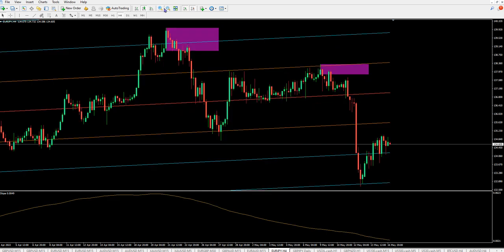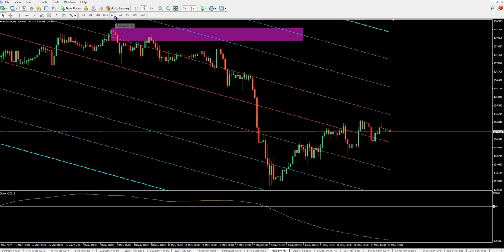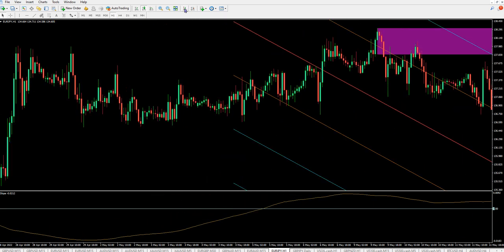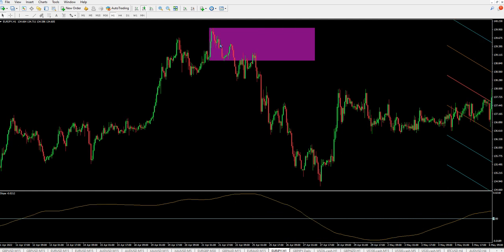So I've got this 4-hour supply candle marked out. It confirms this candle when we see this break below it. And so this is now confirmed an area that we can look for sells in. But now let's go to the 1 hour, and we'll get to that other zone later.